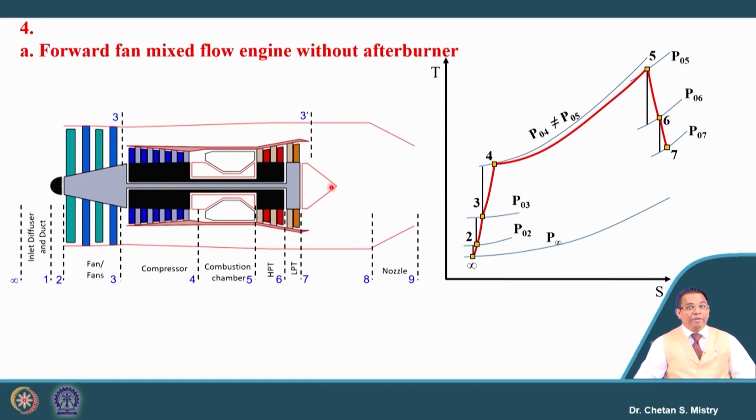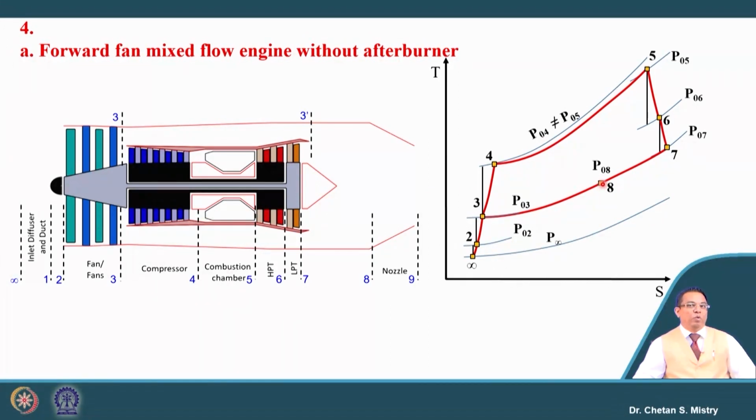So, let us represent that mixing process. What is my requirement? I will say my P03 and P07 need to be the same. So, you can say this is my constant pressure line, and because of mixing it will attain some pressure, say P08, and because of mixing I will have a reduction in temperature.